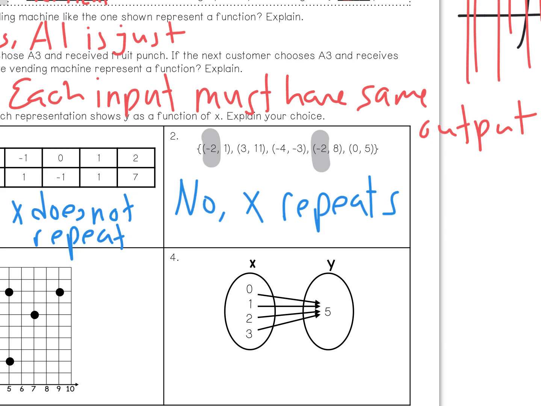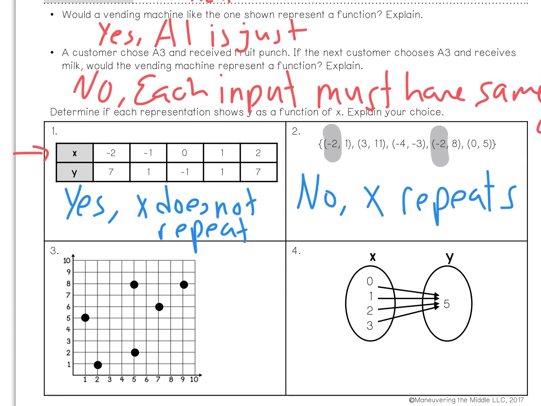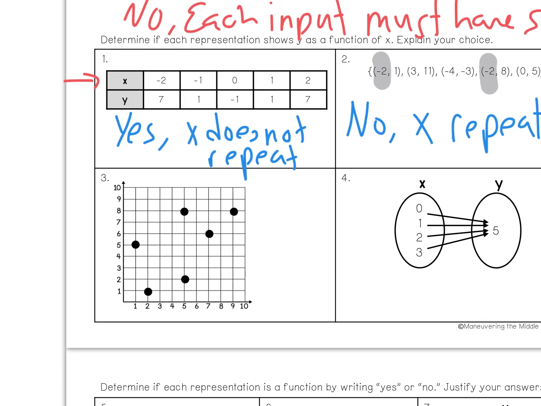When I say identifying a function... Number two. What about number 3? Does it pass the vertical line test? That's what we were talking about a second ago. I draw a vertical line over and over and over. Does it pass through 2 points at any place? Yes.